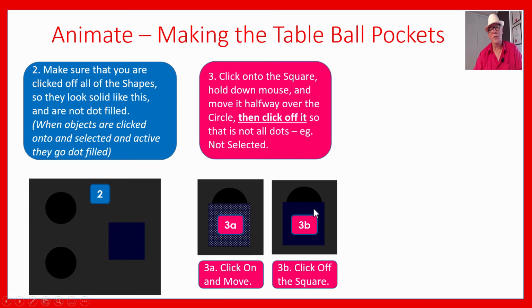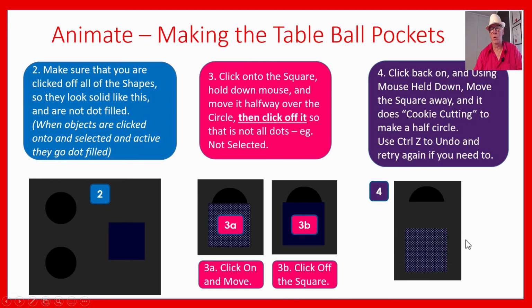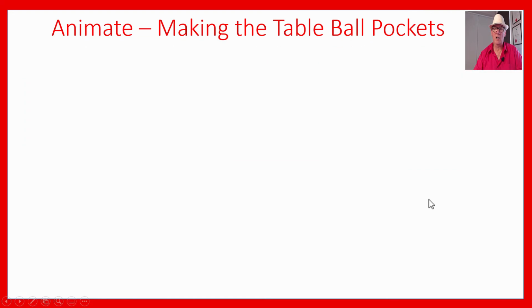Then click back onto it and pull it away to do the cookie cutting. A lot of our students have it like this and move it away and no cookie cutting happens. You actually have to click off it, then click back on it, then pull it away like that. And it should cut off the overlap section that was overlapped with our square. And now we've got this thing which we can use as our side pocket.